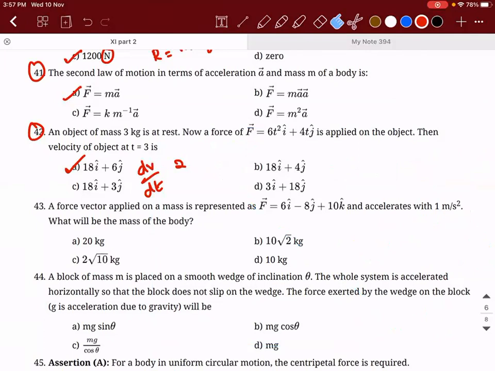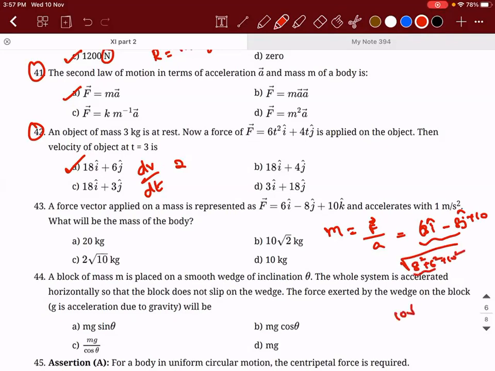So what will you do? Mass is equal to F vector divided by a. So it is square root of all the values. 8 square plus 6 square plus 10 square. So 8 square plus 6 square is 10 square. So it will be 10 root 2.